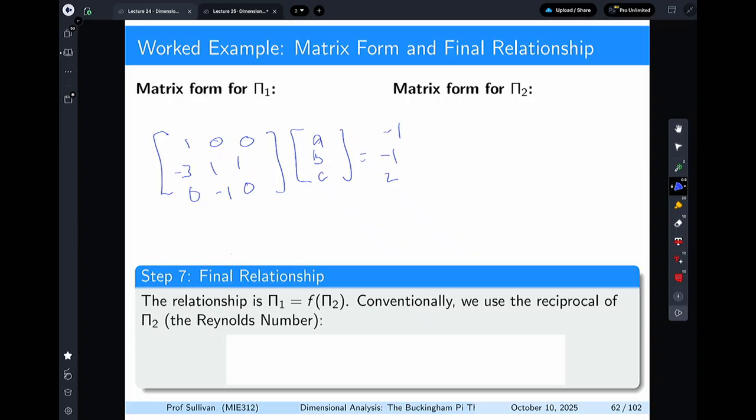And for the second one, [1, 0, 0; -3, 1, 1; 0, -1, 0] times [A, B, C], which is [-1, 1, 1]. These end up with the same result. No surprises there. So you end up with drag coefficient and Reynolds number.